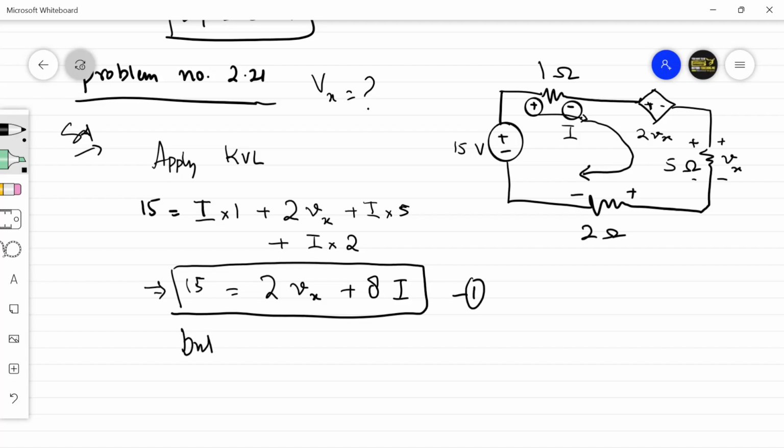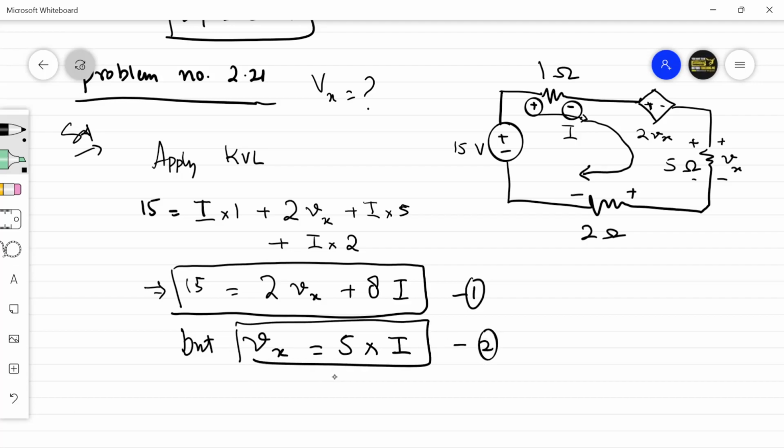But from this circuit, Vx is equal to what? It is the voltage across this 5 ohm resistor. So that's simply equal to 5 into the current flowing through that resistance, that is I. So Vx is equal to 5I.